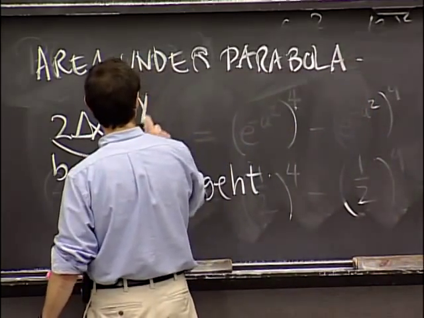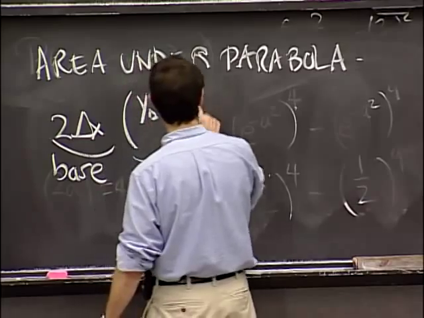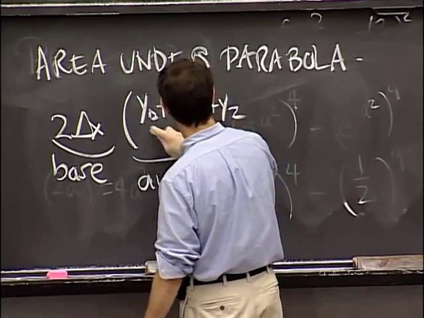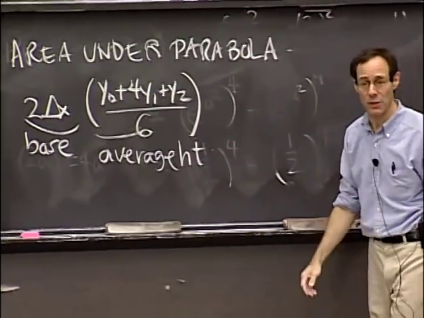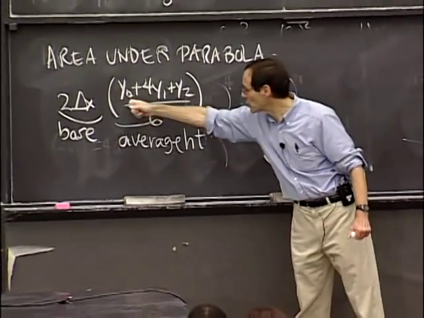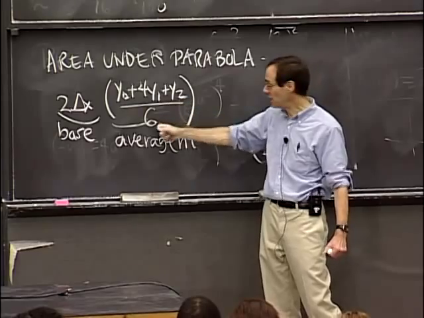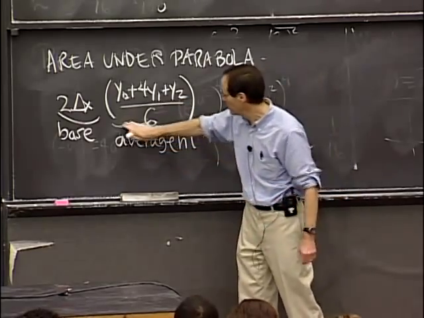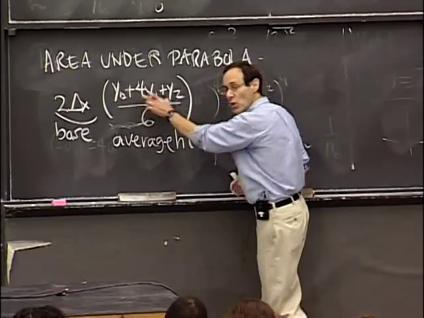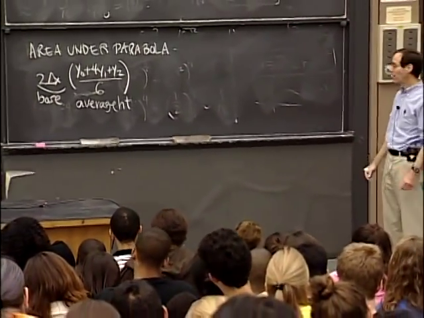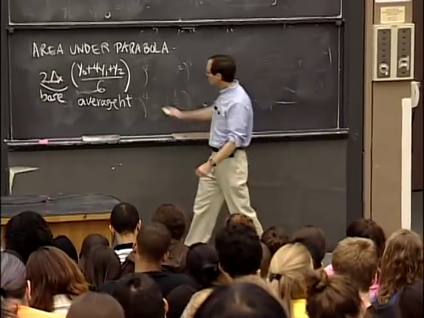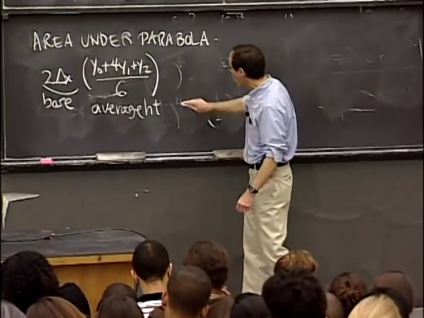It's y0 plus 4y1 plus y2, divided by 6. Well, it's supposed to be an average. So the total is 1 plus 4 plus 1 of these things, and 6 is in the denominator. It emphasizes the middle more than the sides, and that's what happens with a parabola.